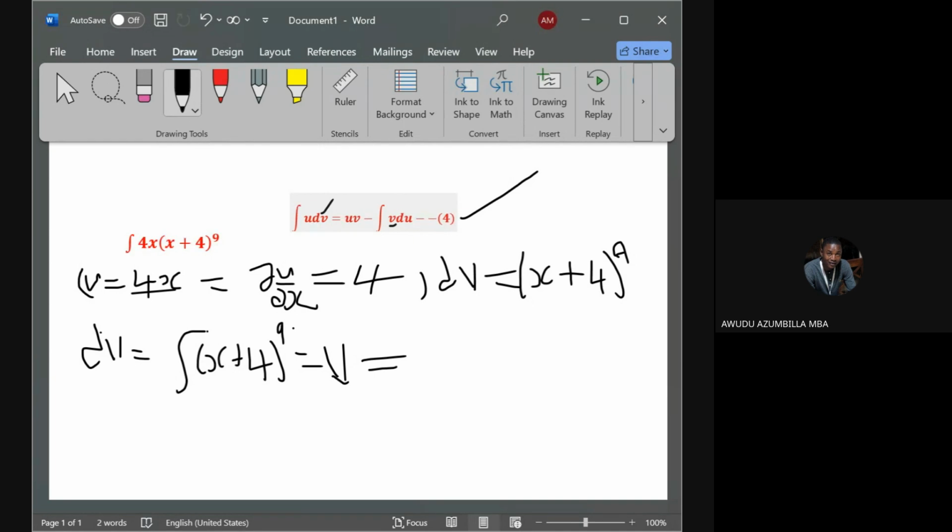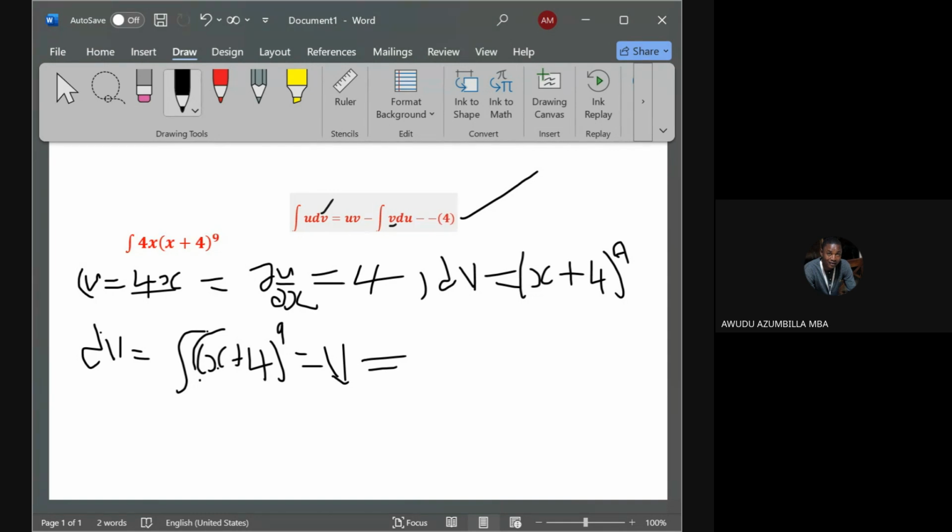Please take note that this is a composite function. So when you are integrating, you don't have to say, oh, let me multiply this by x. It's the whole function you are integrating, not only x.